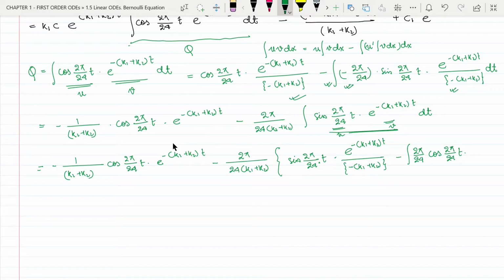So this is e to the power minus (k1 plus k2)t divided by minus (k1 plus k2), bracket end.